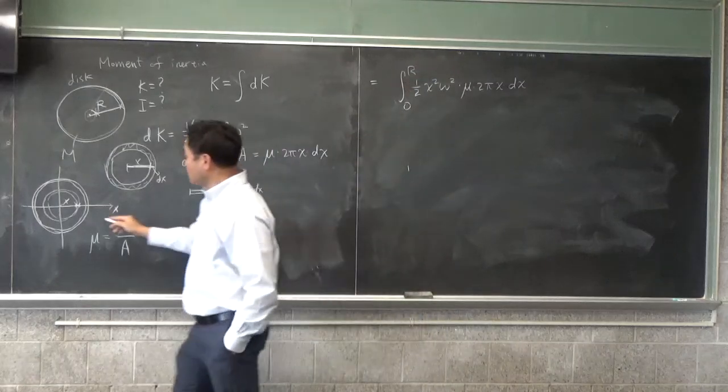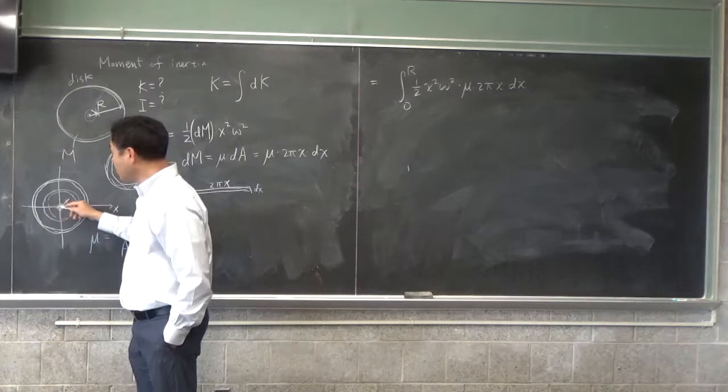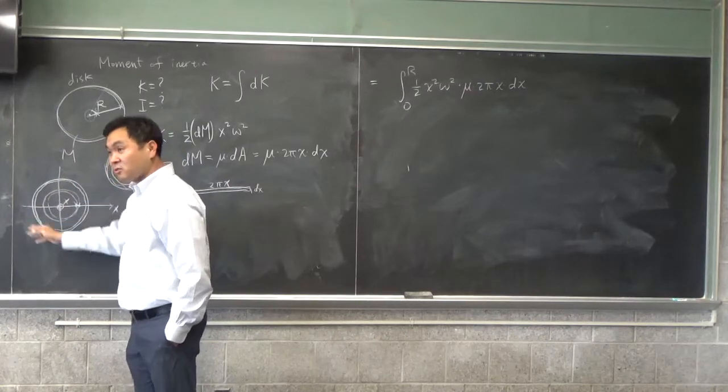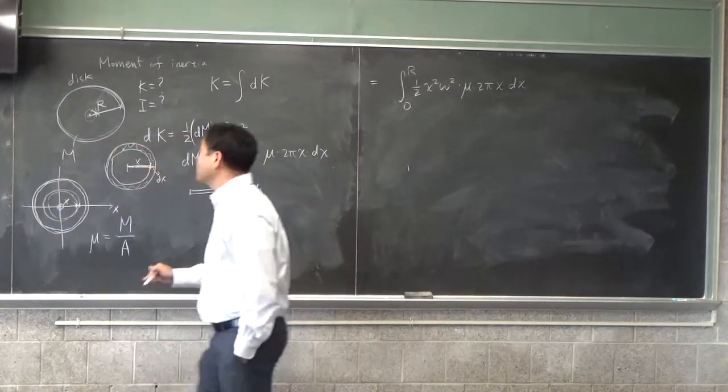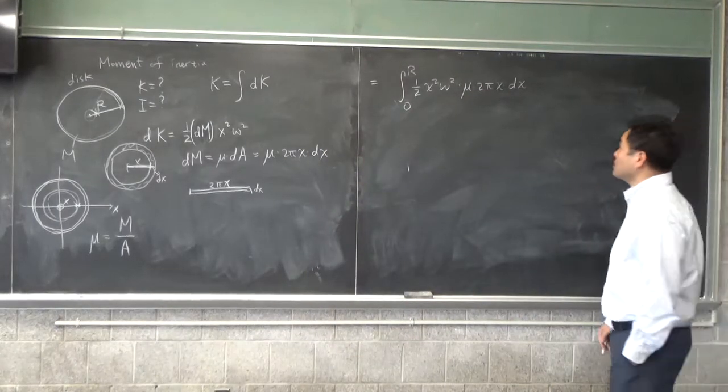If you have concentric circles, the smallest circle has radius 0, and it increases until it reaches r. So adding up all this will give you the kinetic energy.